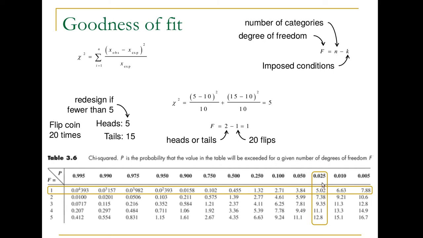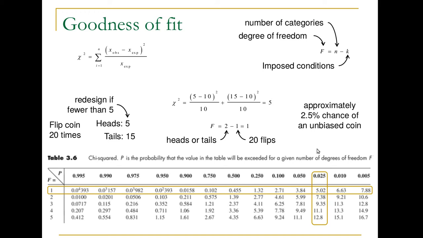If it's less than 5%, that's often the criteria for rejecting the theorem. So our theorem here dictated what our expected values were. Our theorem was that we had a fair coin, that Jimmy gave us a fair coin, and we need to reject that because we only come up with a 2.5% chance.